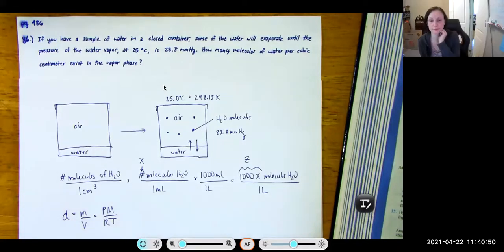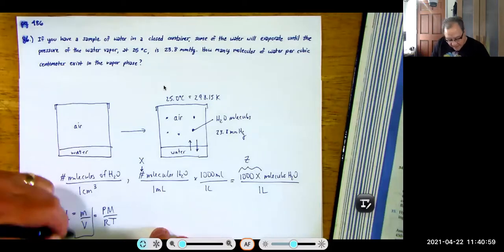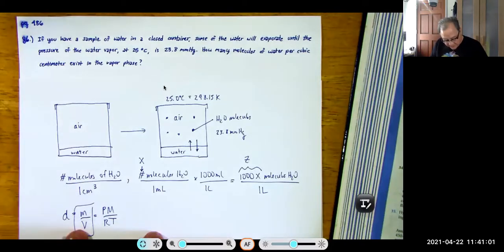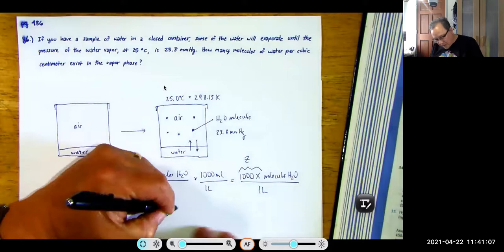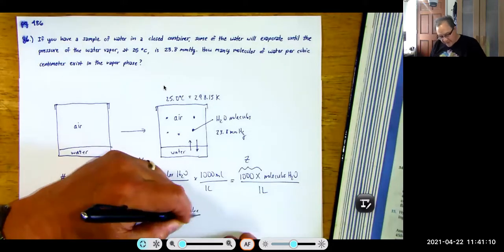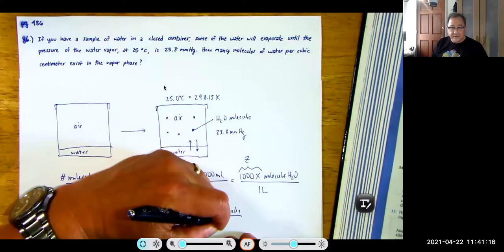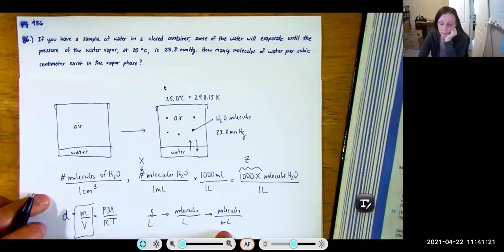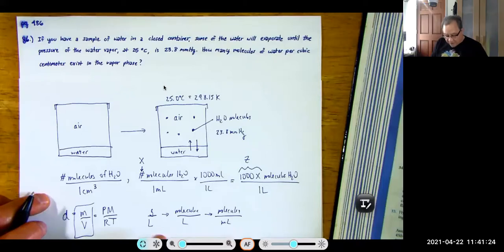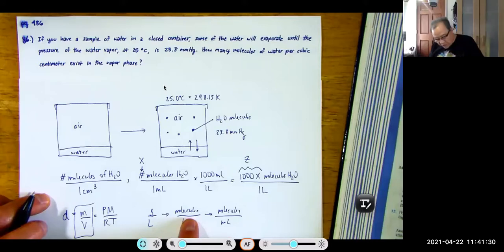Right. So you know what I'm thinking? What if we use this? If we could figure out grams per liter, we could figure out molecules per liter. Then we could figure out molecules per milliliter. Does that seem reasonable? Yeah. How do we go from grams to molecules? Sounds like we should do this instead.